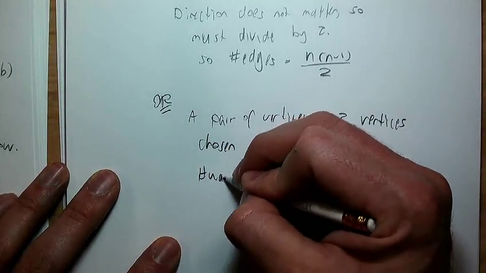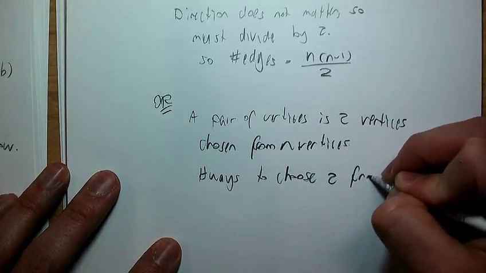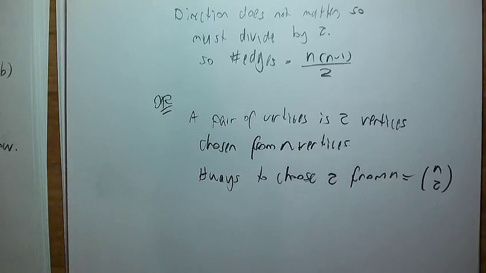The number of ways to choose 2 from n is n choose 2. I mean, that's what n choose 2 is. And you're allowed to say that because over in the other part of the course, you did all this stuff about counting. So you're allowed to just do that.